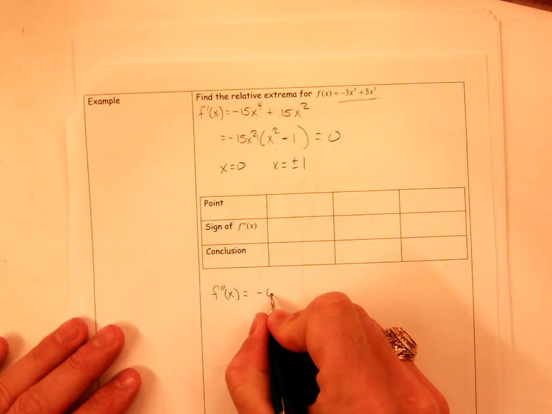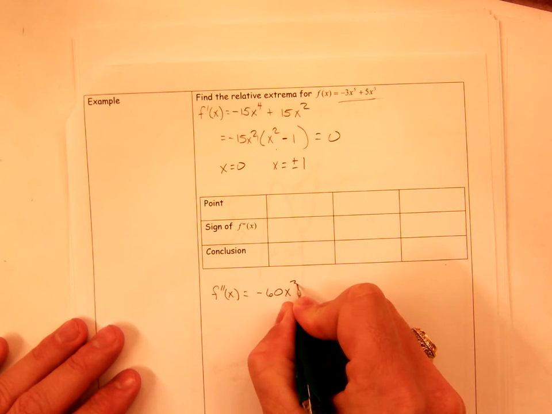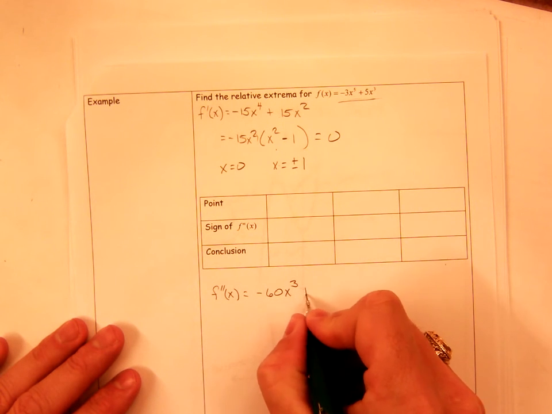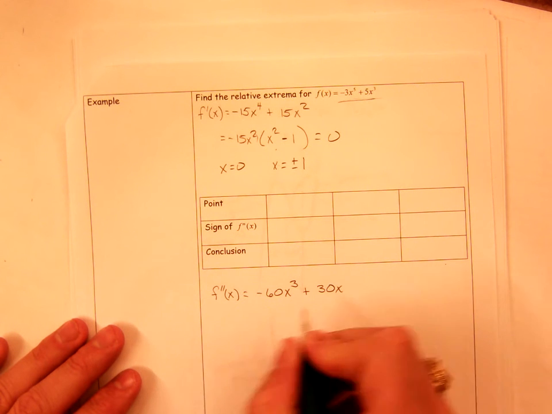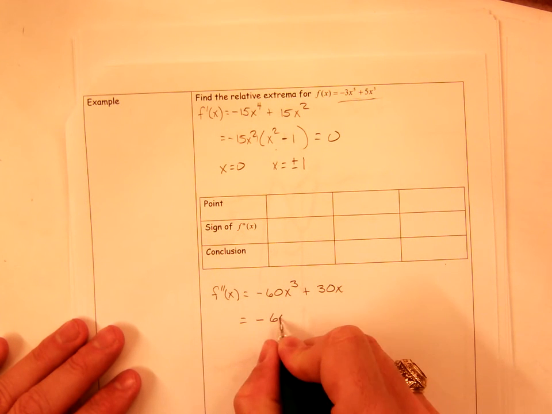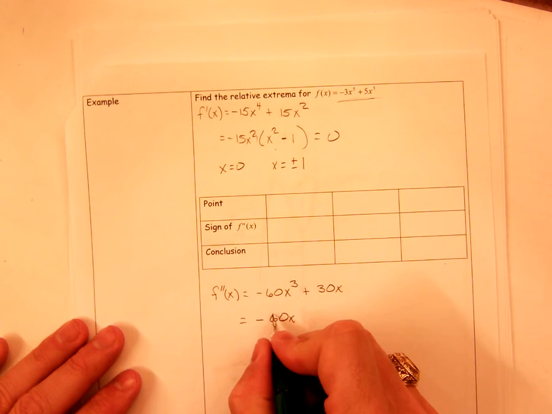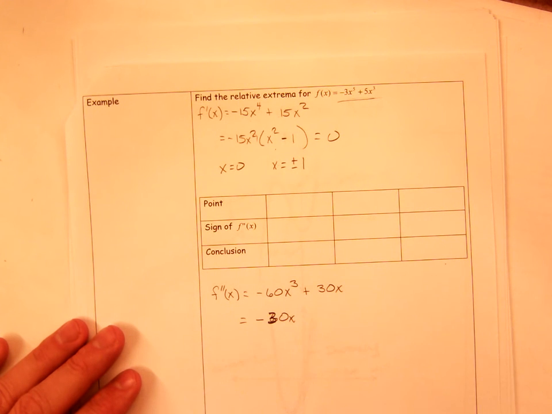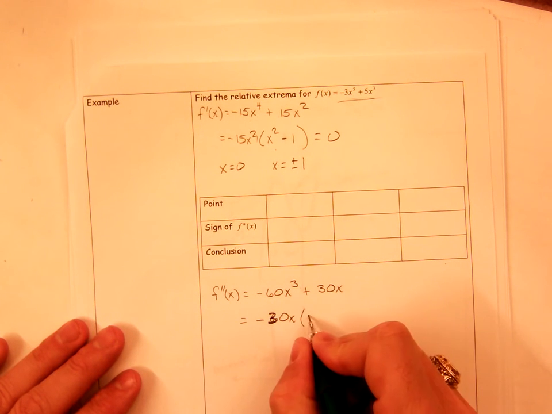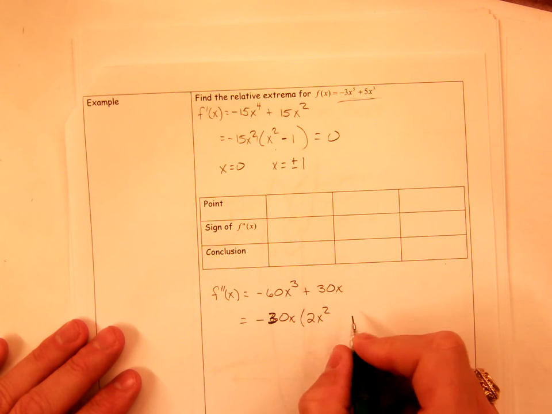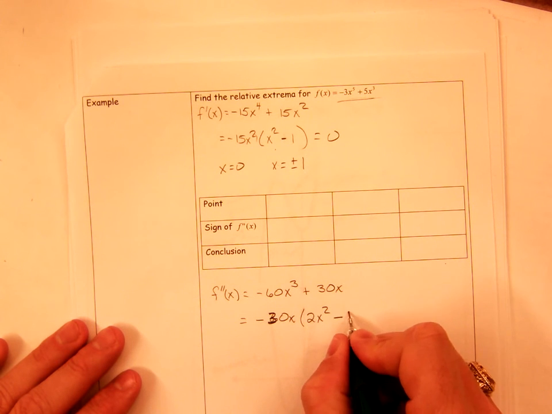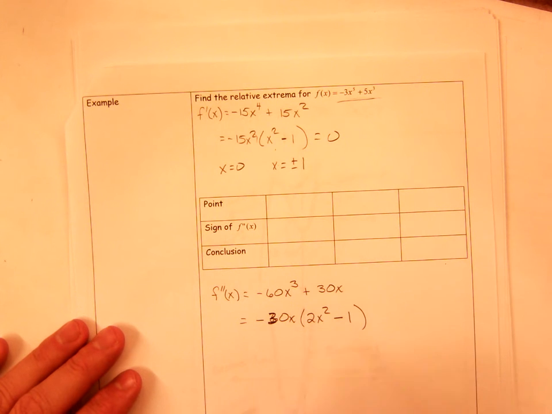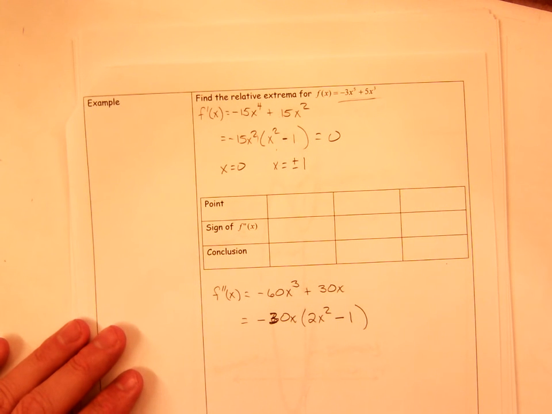Good. Negative 60x cubed plus 30x. Factor out a negative 30x, and I get 2x squared minus 1.